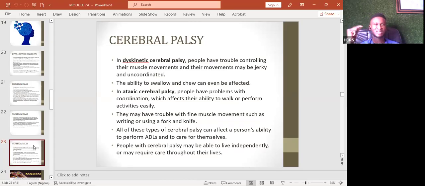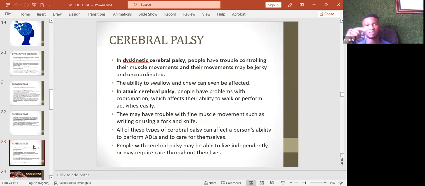Unlike dyskinetic cerebral palsy, which usually has to do with movement, ataxia has to do with fine motor movement like writing. Growth is both simple and complex. Simply, a child can move his hands like this, but holding a pen between two fingers and writing is a more complex development. Ataxia affects those complex developments, such as writing, holding a fork, or holding a knife.